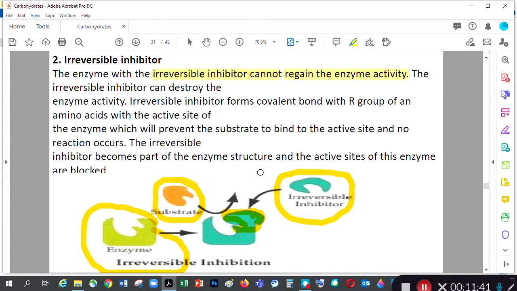So there will be no reaction, and the activity of this enzyme is permanently damaged and destroyed, permanently destroyed.